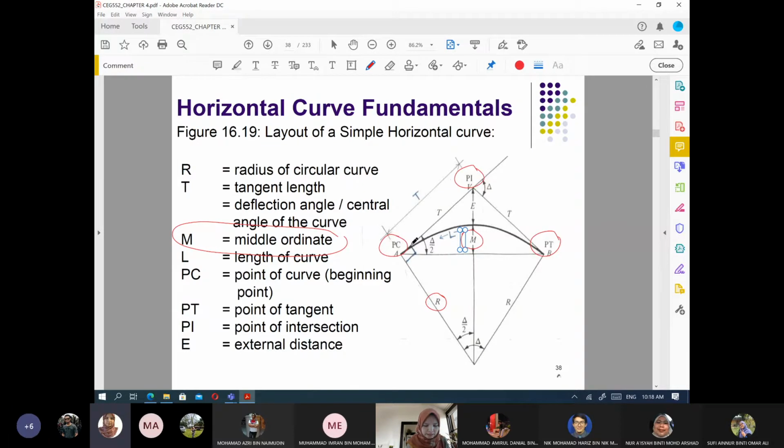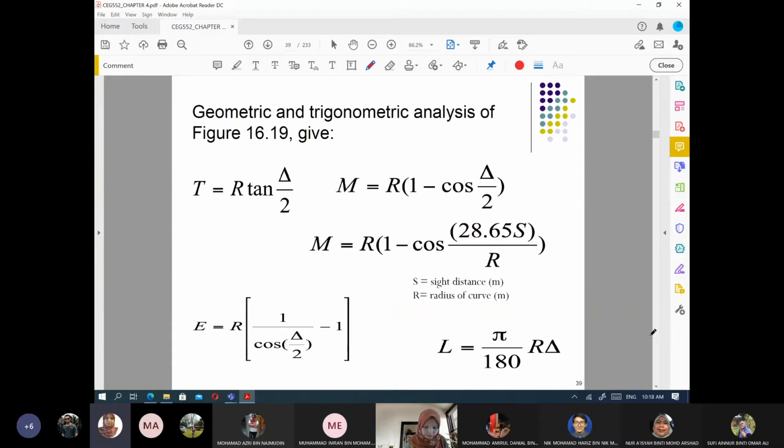You need to calculate at which chainage the PC, PI or PT is located, right? So this is all given from the example. If you have already listened to the video by Madam Sharina last week, you will get everything in place lah, insyaAllah.